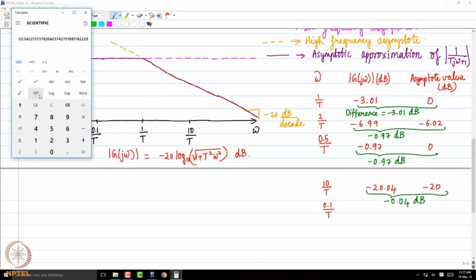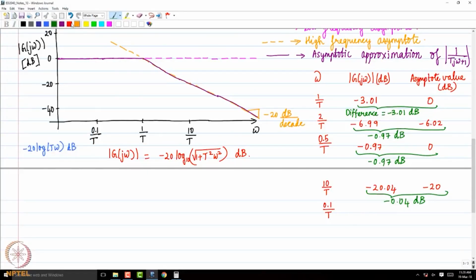And what about at 0.1 by T? So T omega becomes 0.1. So you need to take the square root of 1.01, and then take the logarithm of that and multiply it by 20. So once again you are going to get minus 0.04. And then what is the asymptotic value? 0.